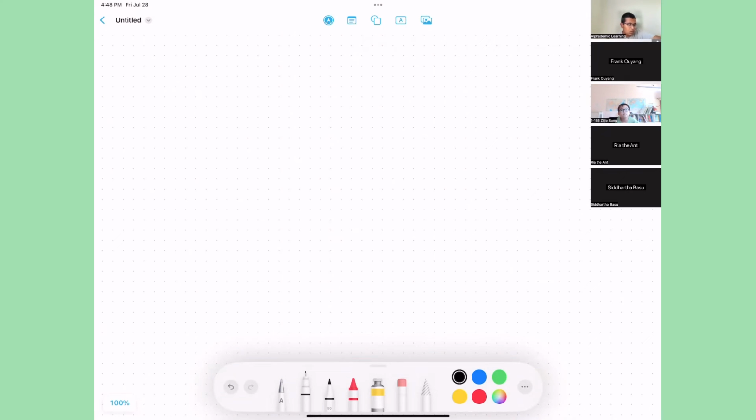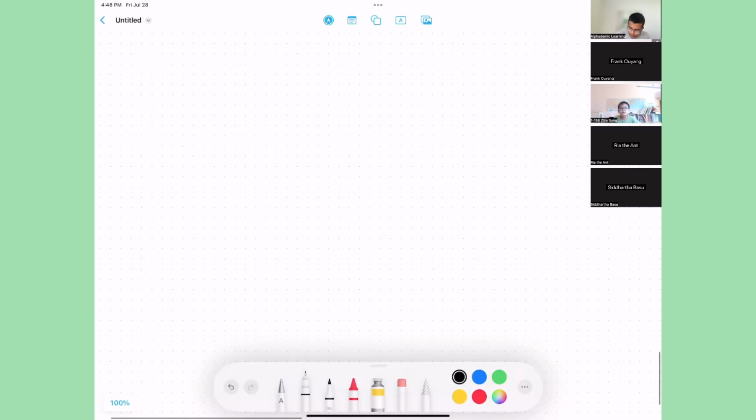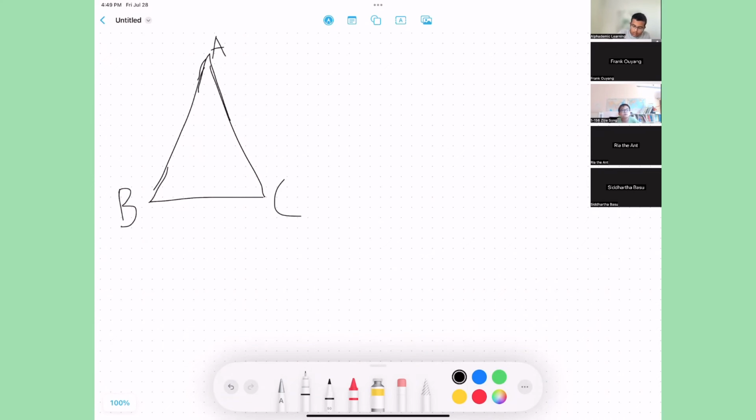Okay, so now we'll go over some types of triangles. If I have something like this, triangle ABC, and if these two sides are equal, does anyone know what type of triangle that's called?